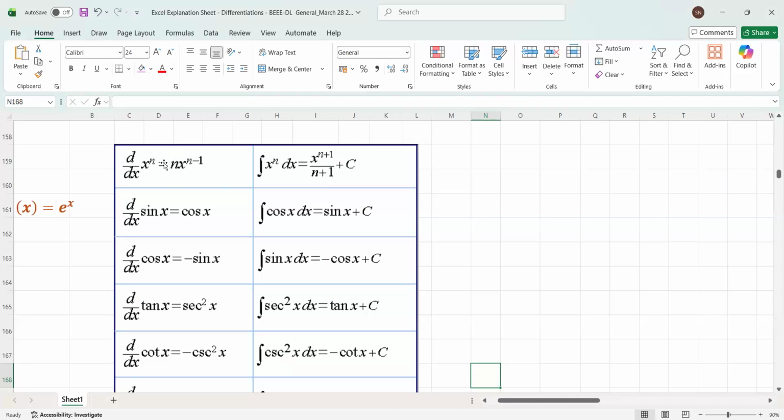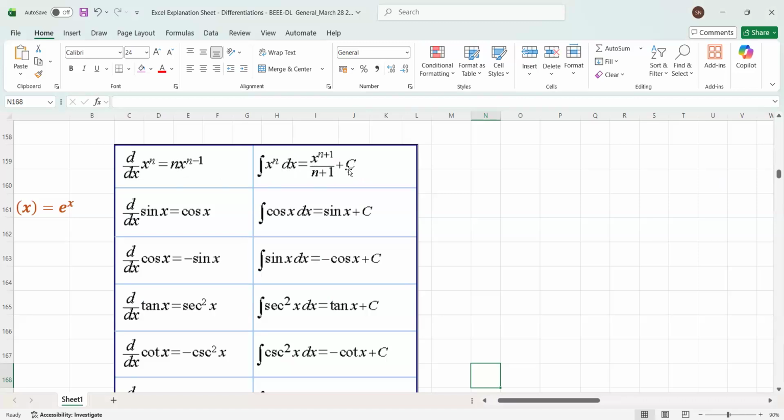This is the power rule for the first one. If you want to differentiate x^n, it becomes n x^(n-1). That is what we use, the first one. But if you want to integrate x^n, please look at the formula. This time you add 1 to the power: x^(n+1) divided by n+1, all plus a constant.